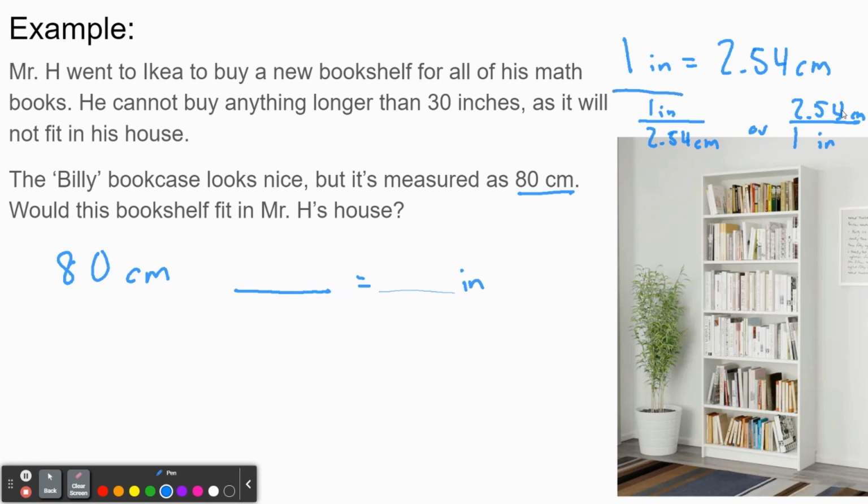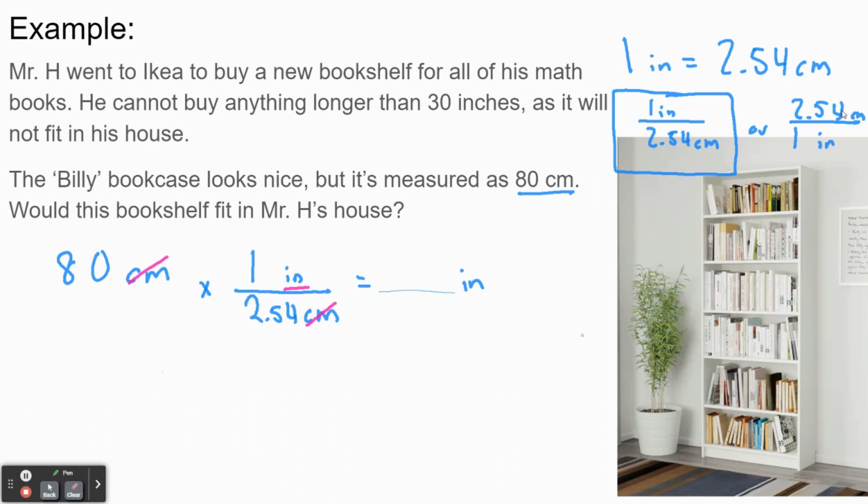So that means that we're going to use this ratio because it has inches on top. The centimeters are going to go on the bottom. That means that when we multiply these together, we're going to be able to cross off the centimeters because there's centimeters on top as well as on bottom. That will just leave us with inches.